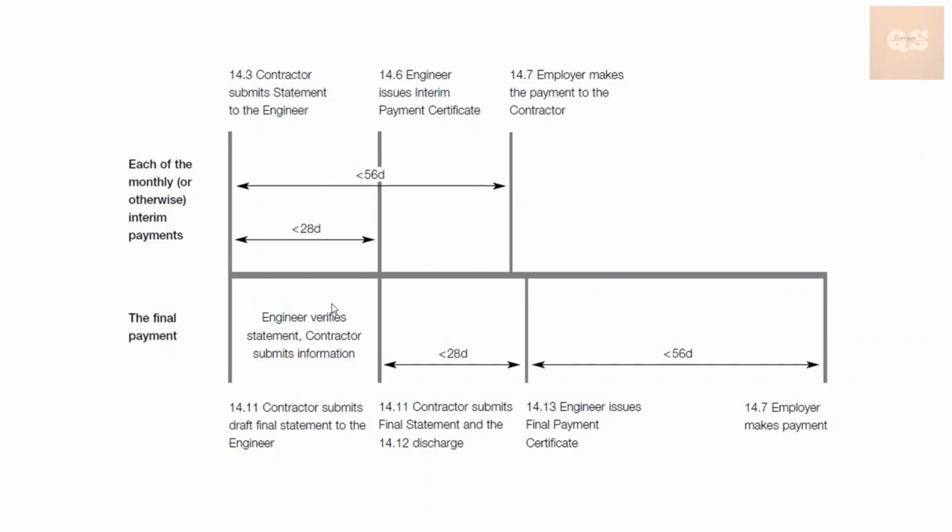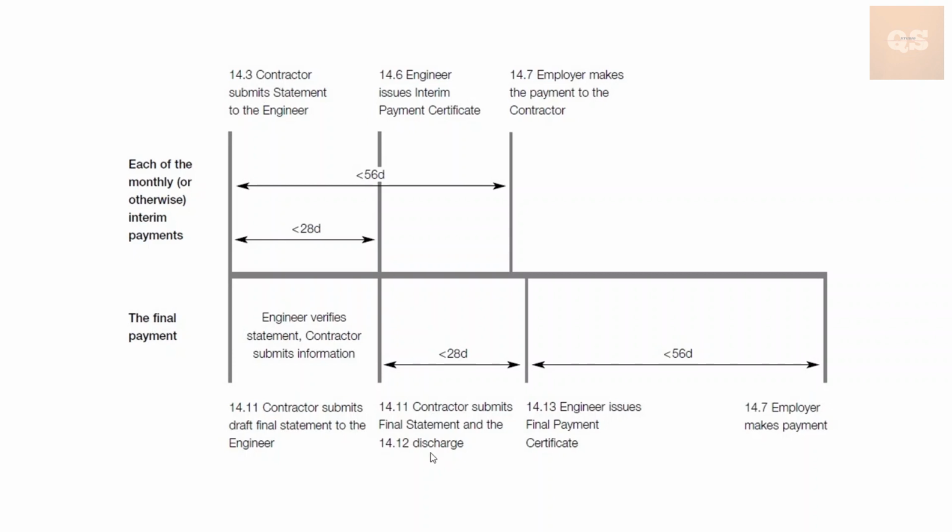During this 28 days, the verification will also be done, and the final statement also needs to be submitted by the contractor. With the final statement, there is another important document called discharge, which is as per clause 14.12. The different clauses are also given. If you go through the FIDIC document in detail, you can understand the different steps by going through the clauses.